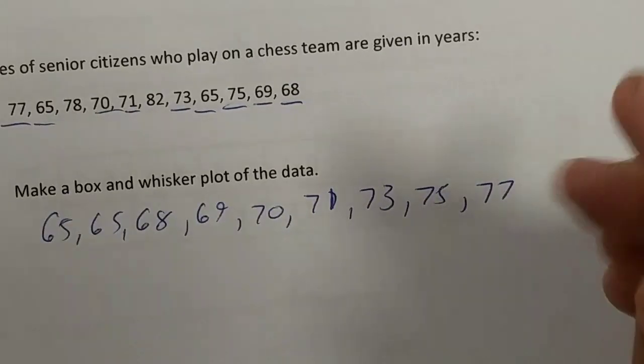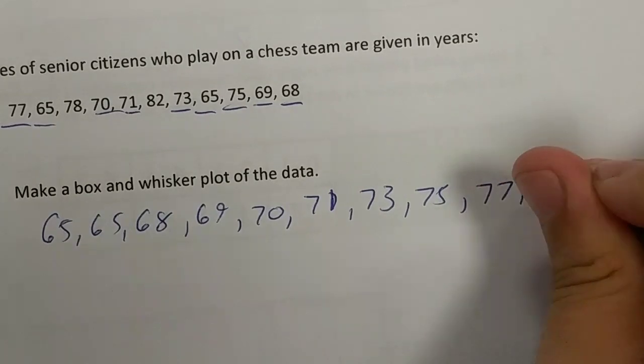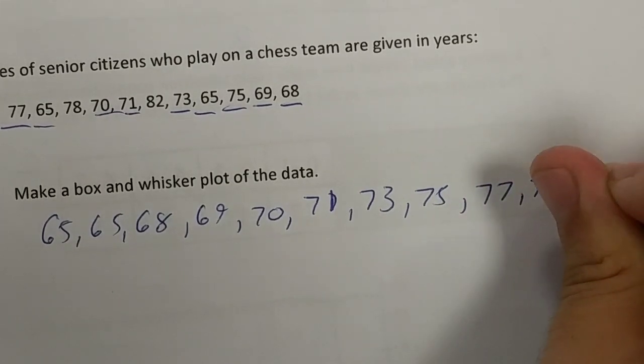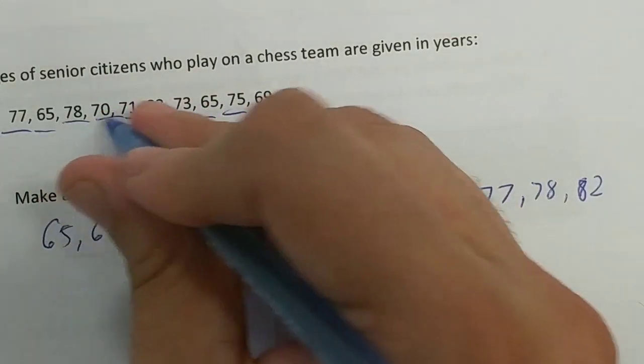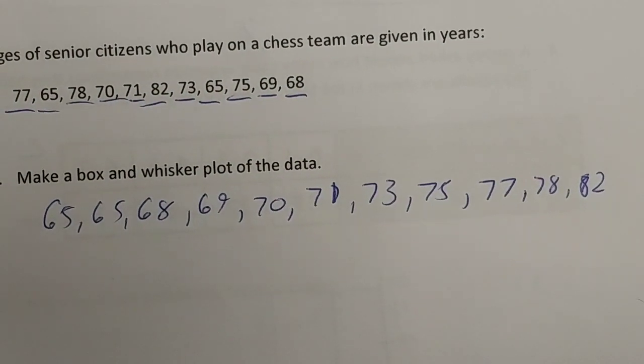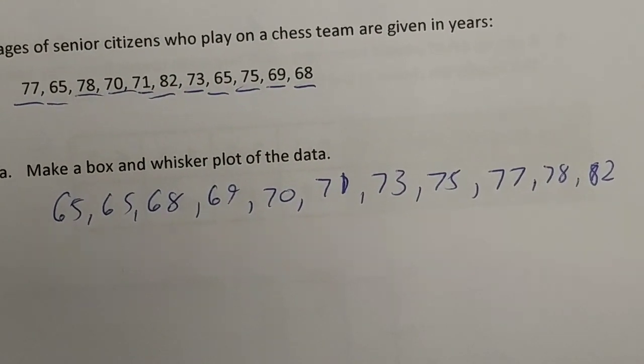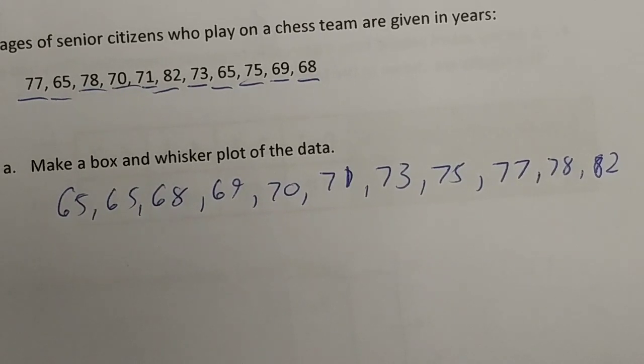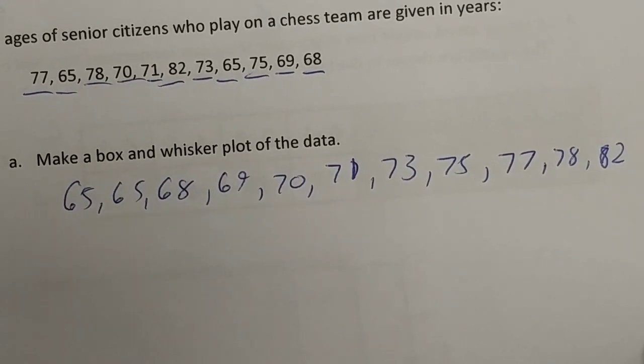Looks like 78 and 82. It looks like I did make a mistake, but you never know until you look at it 20 minutes later in the video. Okay, so 65, 65, 68, 69, 70, 71, 73, 75, 77, 78, 82.